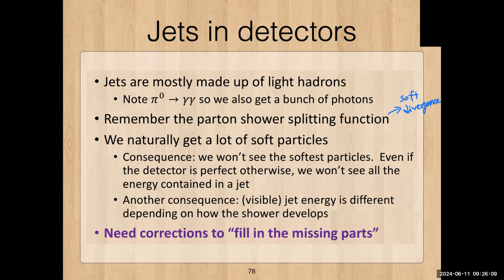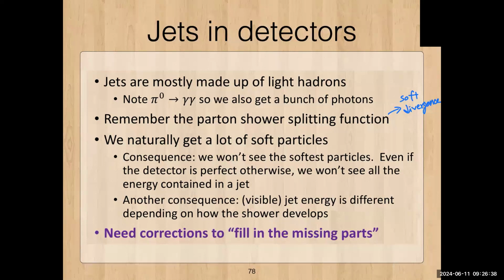And if you remember the splitting function, we have a soft divergence there, in the splitting emission probability. Which means that we naturally get a lot of soft particles. Okay. And there's an interesting consequence of this in experiments, which is that usually we have a magnetic field to detect the momentum of the particle, and the magnetic field bends particles.